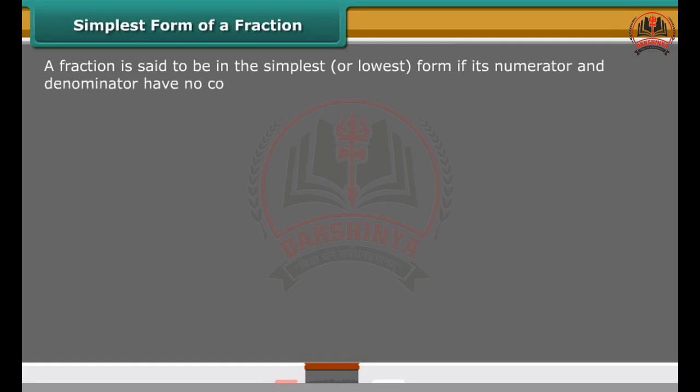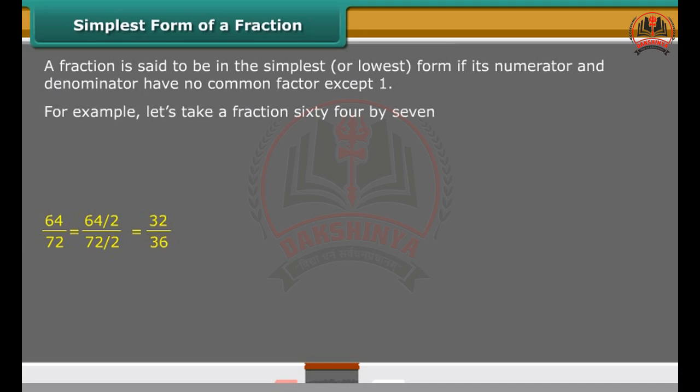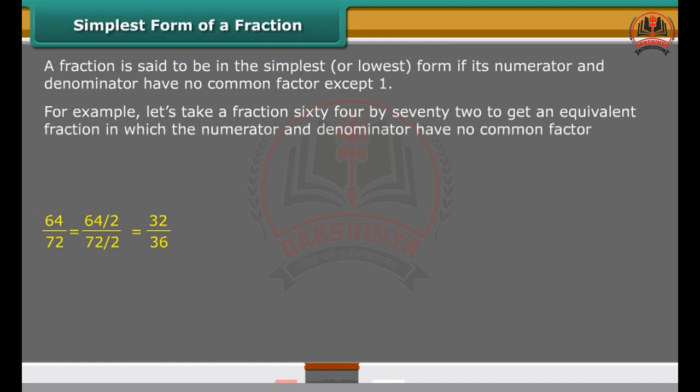A fraction is said to be in the simplest or lowest form if its numerator and denominator have no common factor except 1. For example, let us take a fraction 64/72 to get an equivalent fraction in which the numerator and denominator have no common factor except 1.